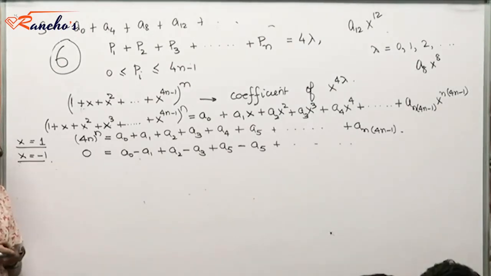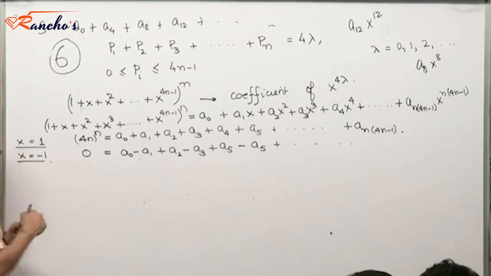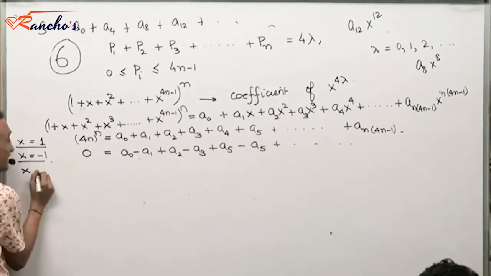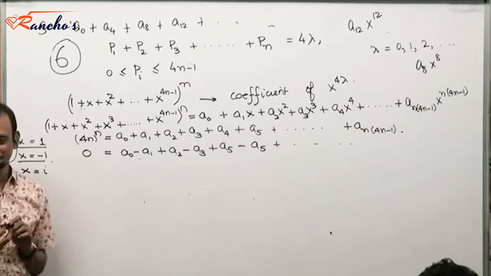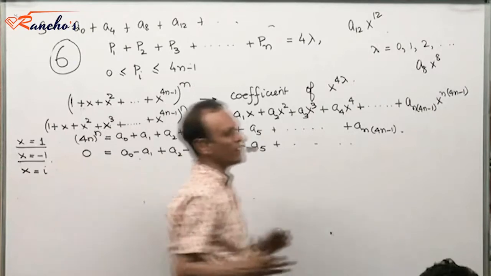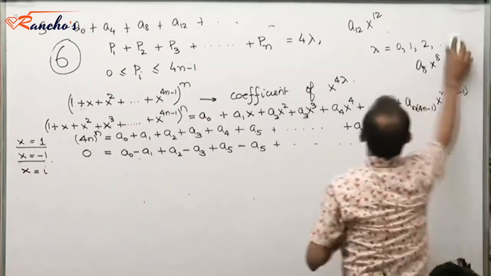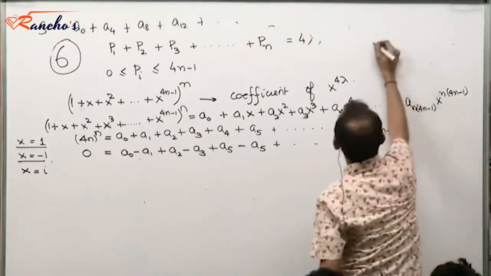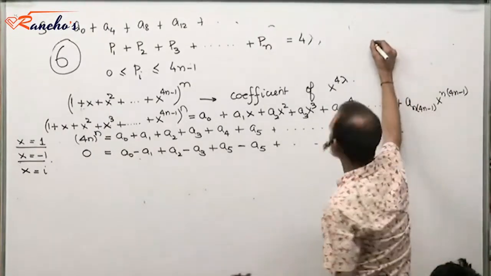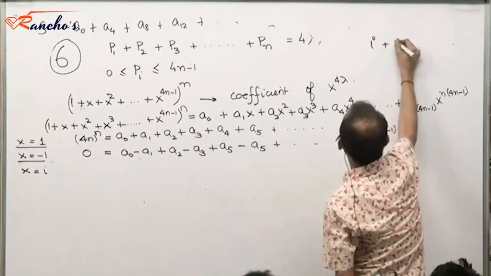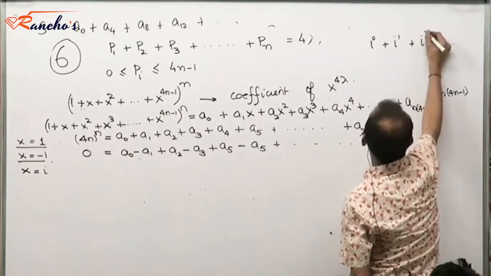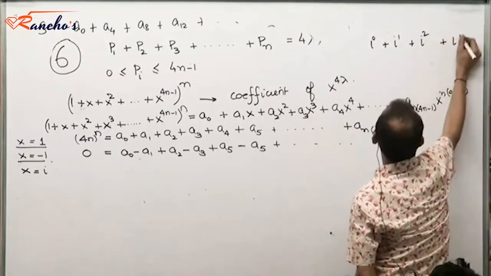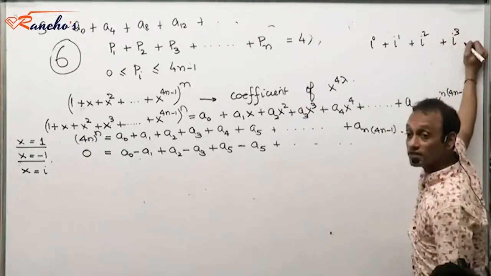Take x equal to i. Now, one interesting thing about i is, if you take 4 consecutive powers of i, i to the power 0, i to the power 1, i squared, and i cubed, they will add up to 0 always.